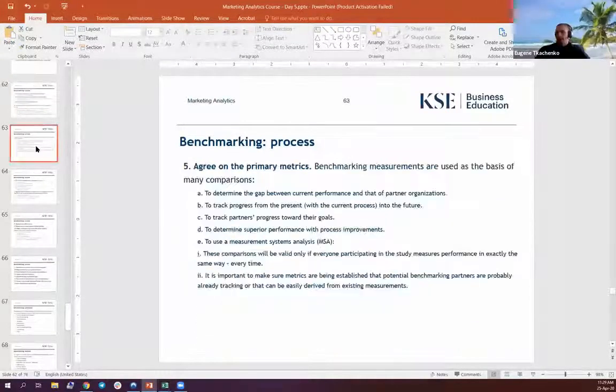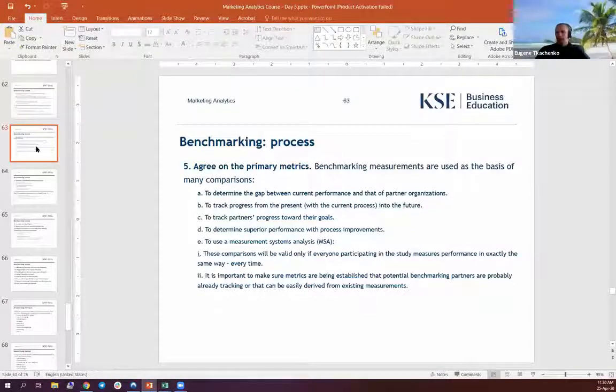And of course, we all need to agree on the primary metrics, the metrics that we use to compare. So once we determine the gap, for example, in the case with pens, we are using as a base for our comparison, for example, inventory turnover rates, or we can be using something like customer satisfaction rate, for example, the percentage of neutral versus positive or vice versa.